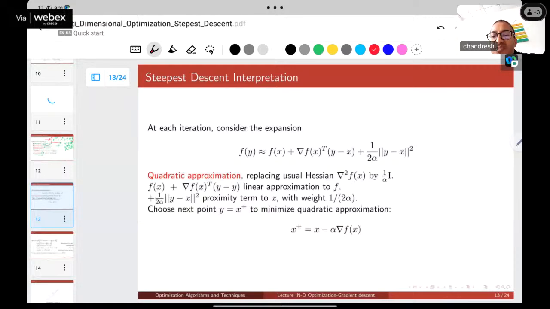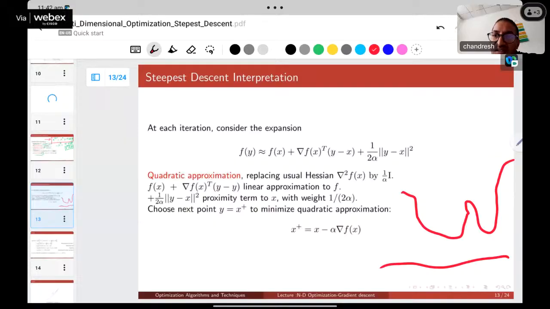So at any point X, let's say this is your curve, a complicated function that we want to minimize. Gradient descent, at a point X naught, will form a quadratic approximation to this function like this.